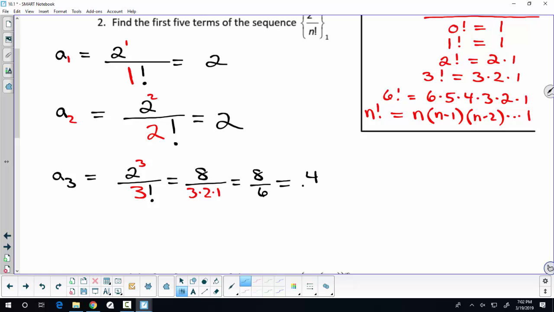Or we can say that's 4 over 3. Fourth term.